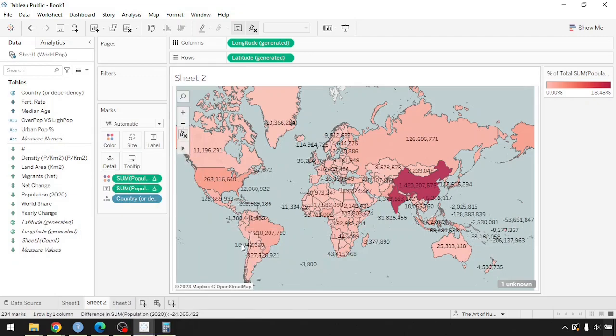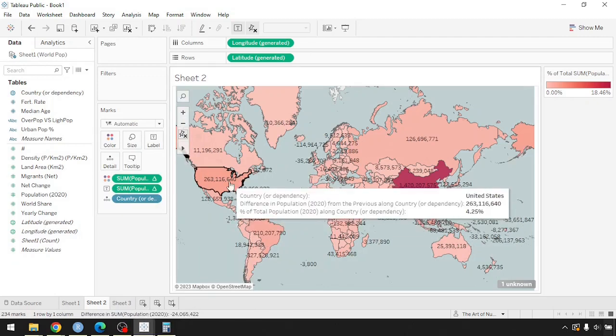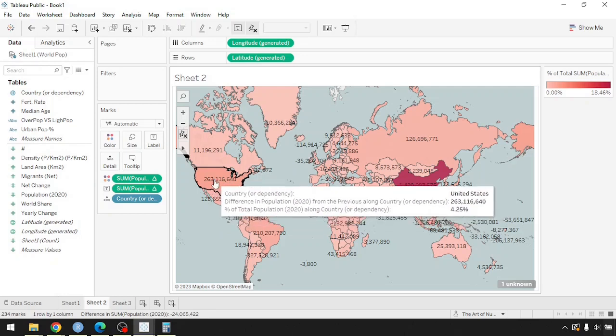Same thing with difference. Difference is pretty much a difference in the aggregated total numbers from one data point to the other data point. So we can see the differences, but we really don't know what difference we are talking about because we don't know what country comes first before, let's say, the US.